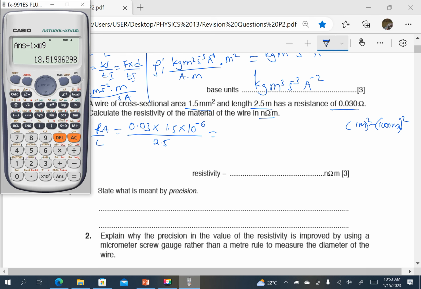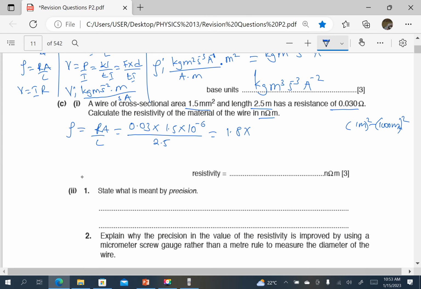Answer. So we have 0.03 times 1.5 times 10 to the power negative 6 divided by 2.5. That is 1.8 times 10 to the power negative 8, but this is in ohm meters.